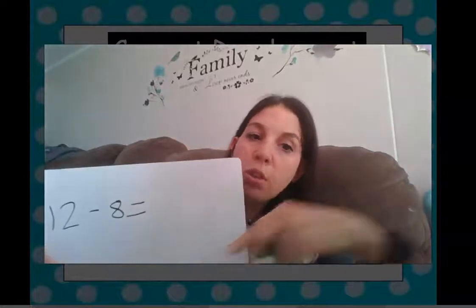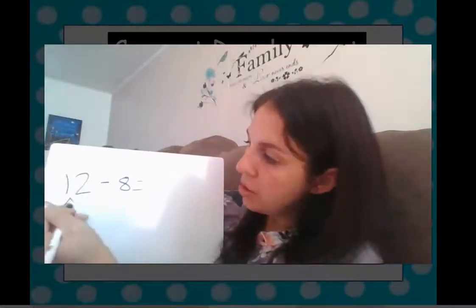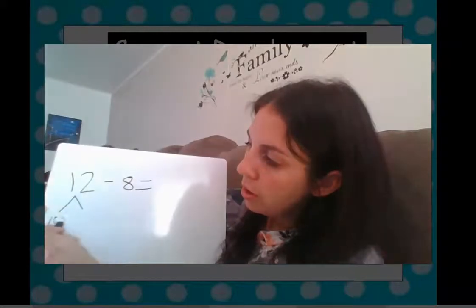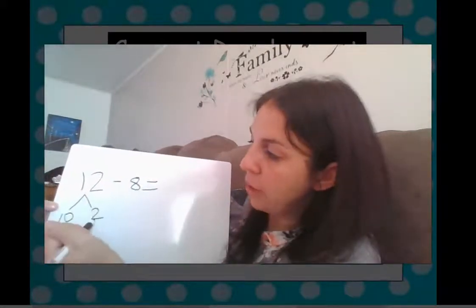So if we have 12 minus 8, we're going to do our take from 10 strategy. So we have 10, and then we'll have 2 more.